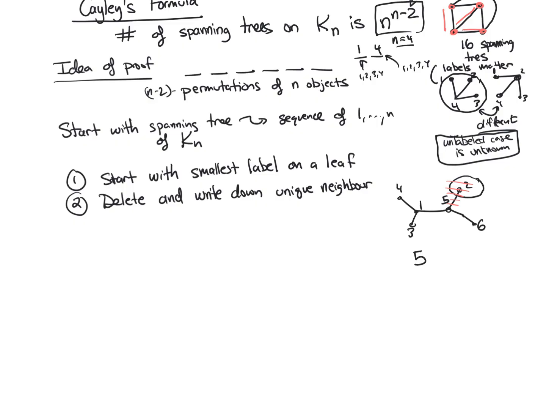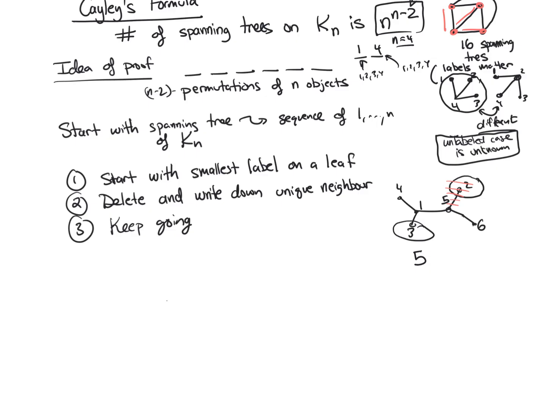Okay, and now we keep going. Let's just see what happens here. The next leaves, 3, 4, and 6, are still the only leaves. We look at 3, that's the smallest one.